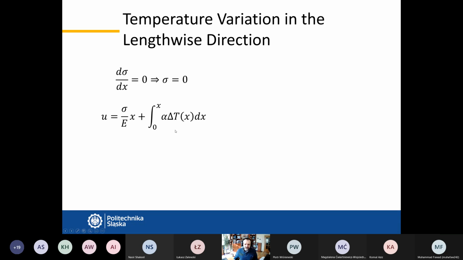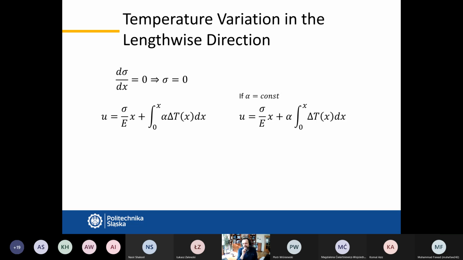So we have to integrate the function of temperature rise due to its change in length. So if constant, we have only alpha delta T times L. That would be all. If the temperature changes, we have to integrate it.